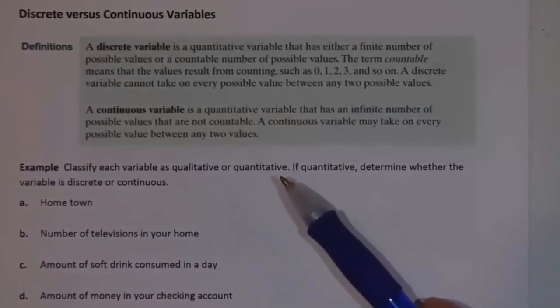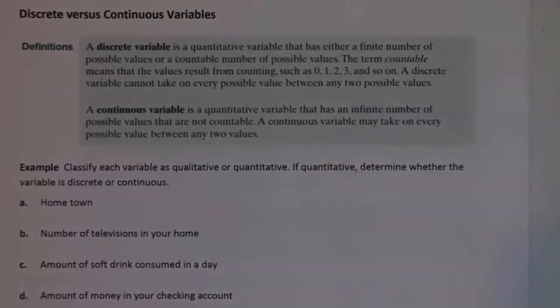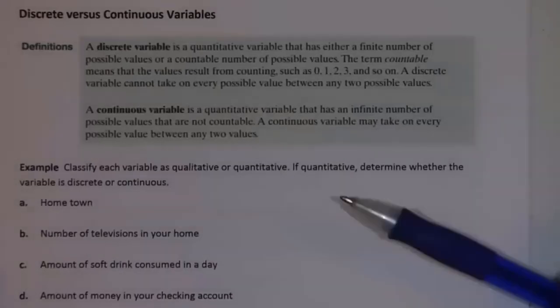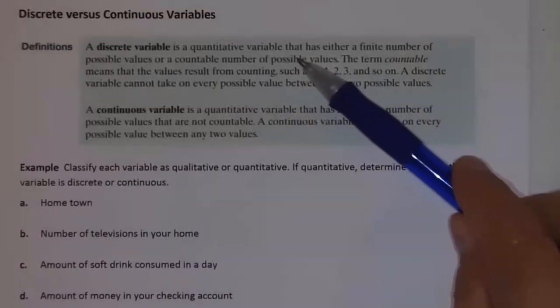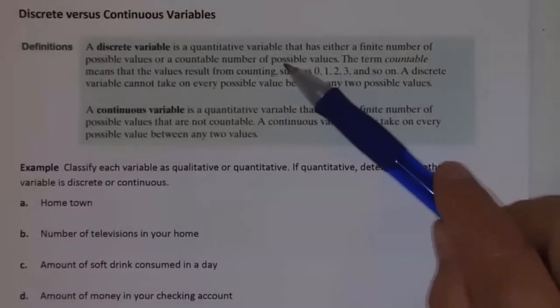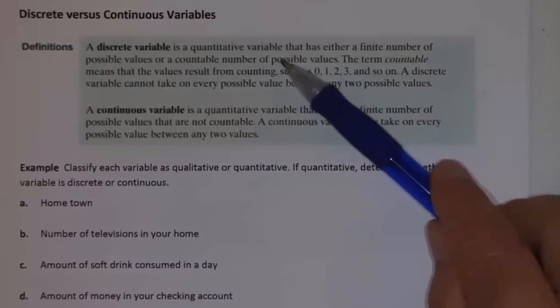It's possible that a person has 0 siblings, 1 sibling, 2, 3, 4, 5, 6, 10 siblings, and so on. So in order for me to determine the number of siblings, I count. Number of siblings is countable. That makes number of siblings a discrete variable. So it's quantitative and it's discrete.